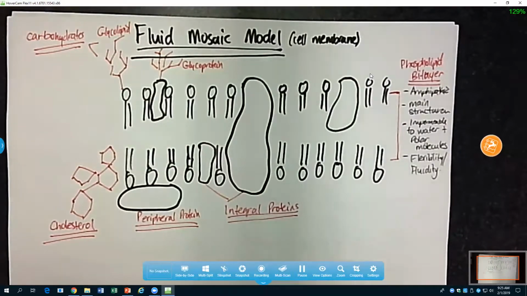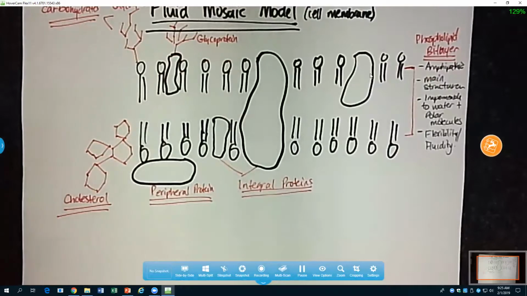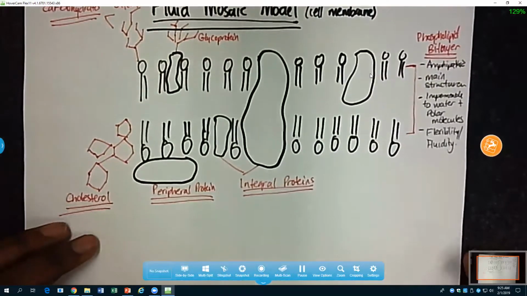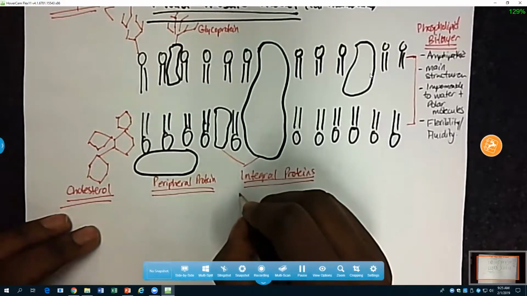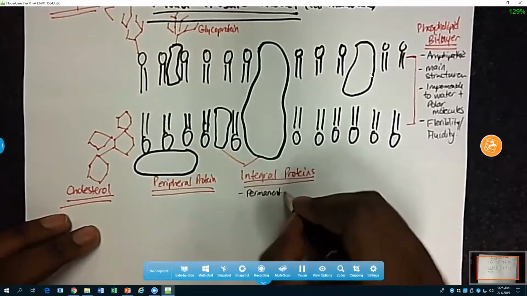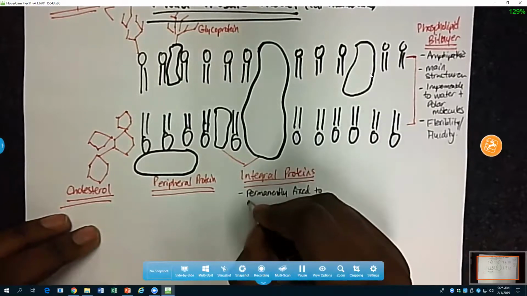Let's talk about integral proteins, right? So the membrane is not just made of these phospholipids. They have other important structures that are embedded within these phospholipids, okay? The first one is integral proteins. And integral proteins are, as the name implies, important, and they are permanent. So they are permanently fixed to the membrane.